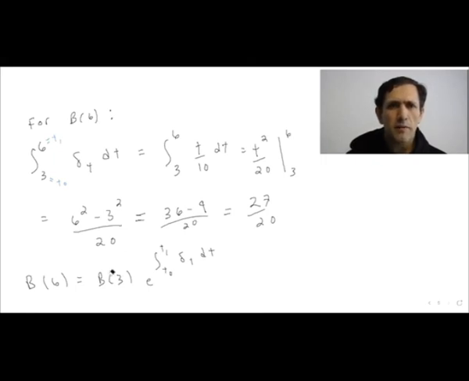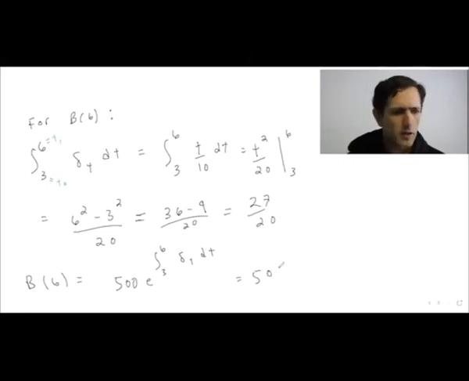And of course, b of 3 we're given is 500.